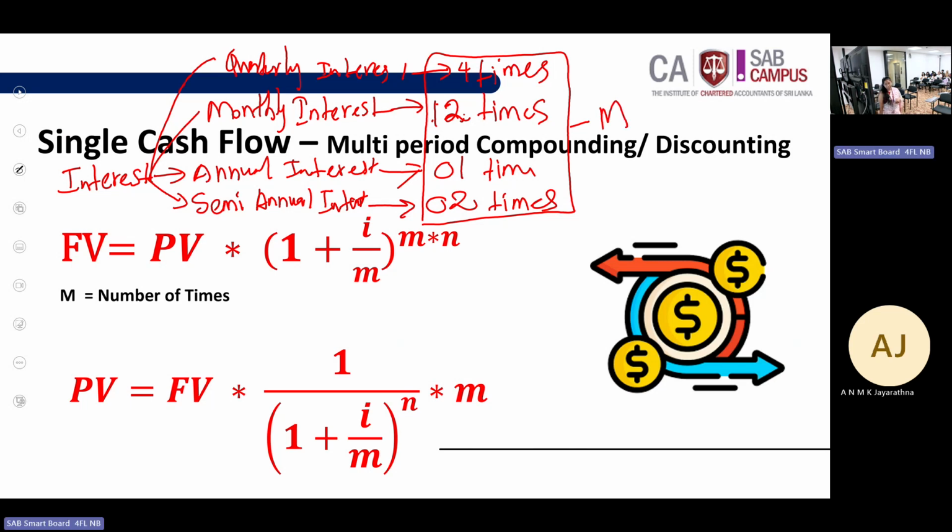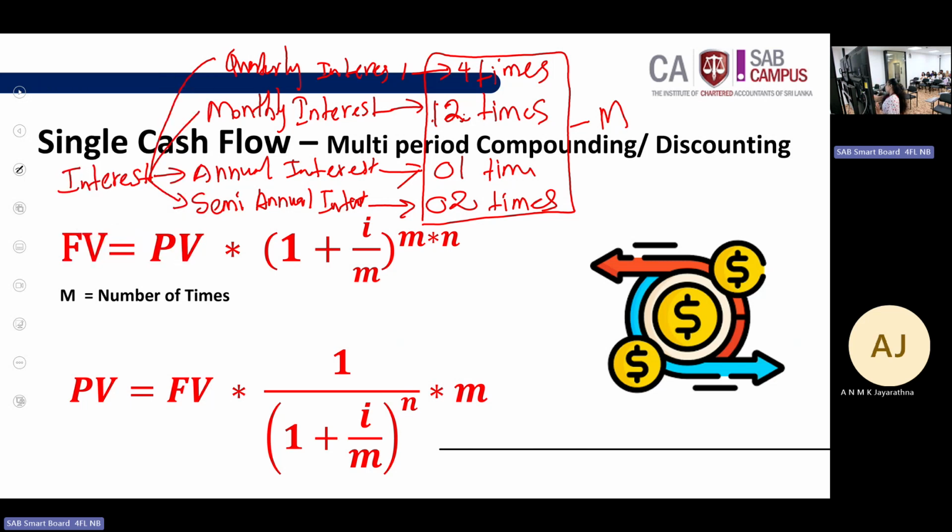So if the investor is receiving interest more than one time, we should have a method to calculate this present value and the future value, right? The base is same, but you have to change the number of periods.